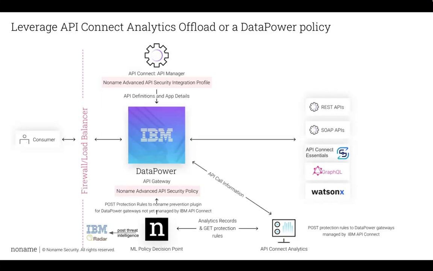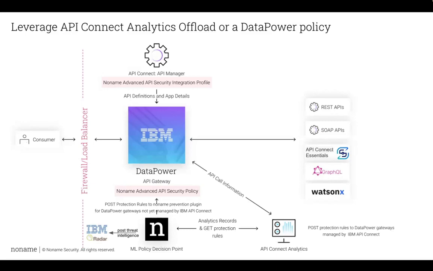When API Connect is involved, API Connect gets the protection rules from Noname and distributes them to clusters of DataPower appliances. In the event DataPower is not managed by API Connect, we have a plugin policy for DataPower so we can send those protection rules directly to DataPower gateways.